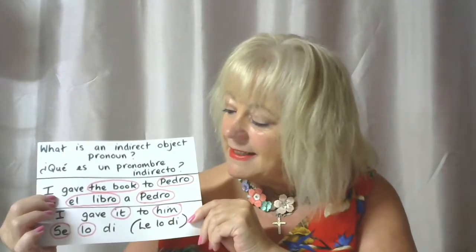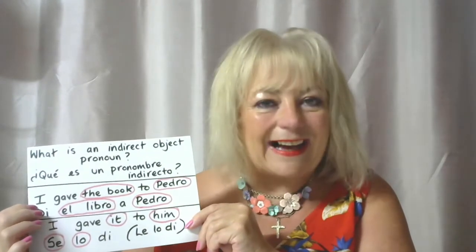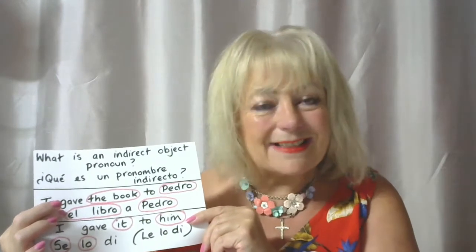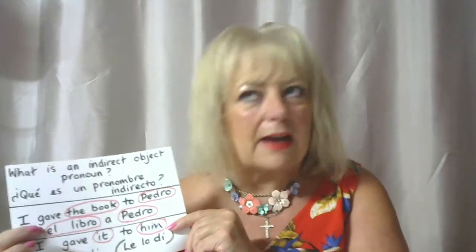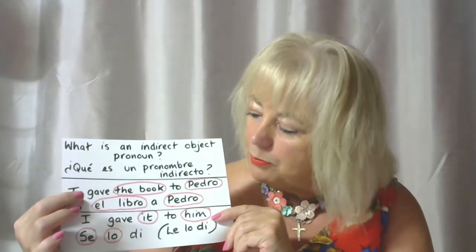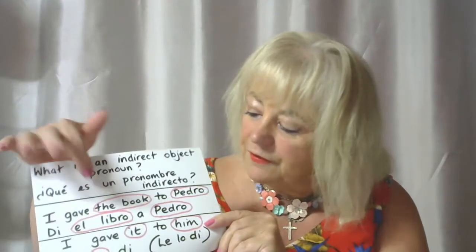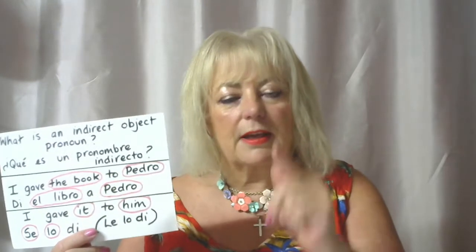And the verb is gave. The person is I, first person singular. The tense is past tense. I gave, not I give, or I will give, or I would give. So identify your verb. What person is it? What tense is it? Then conjugate it, and then fit the rest in around it. So your verb is always the most important thing in Spanish.